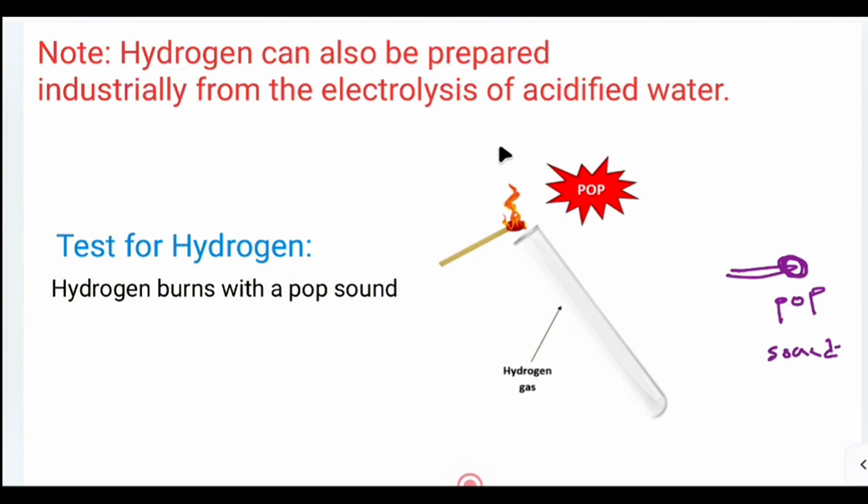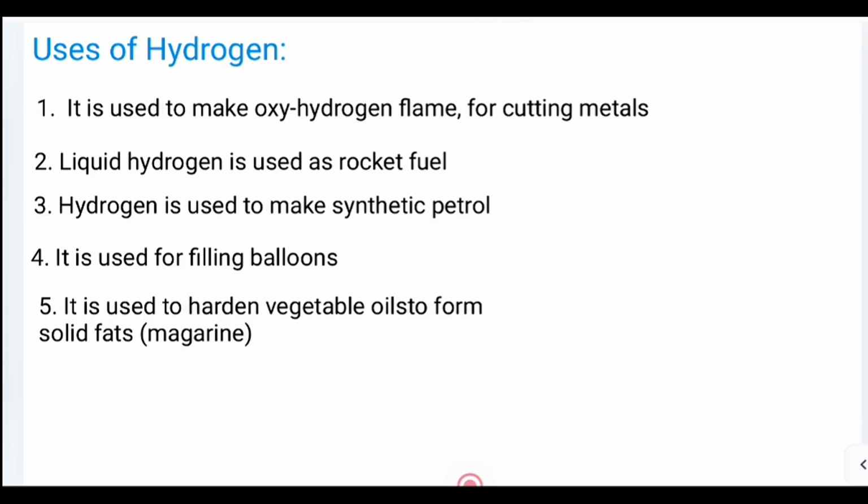To end this topic, let's see the uses of hydrogen. What do we use hydrogen for? Number one, we can use hydrogen to make oxyhydrogen flame. Okay, and we use oxyhydrogen flame to cut metals because it produces large amounts of heat. We can use hydrogen as rocket fuel. We can use hydrogen to make synthetic petrol in places where you have excess coal.